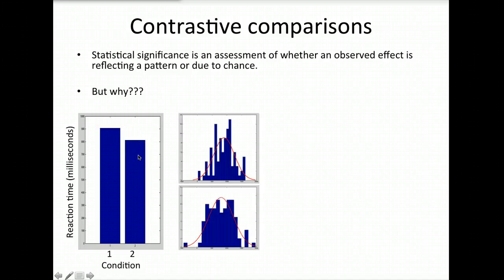But if we go back and look at some of the plots that we applied in the previous little screencast on descriptive statistics, we notice that the actual data that constitute these two means are quite dispersed. So we have quite a big variation here.